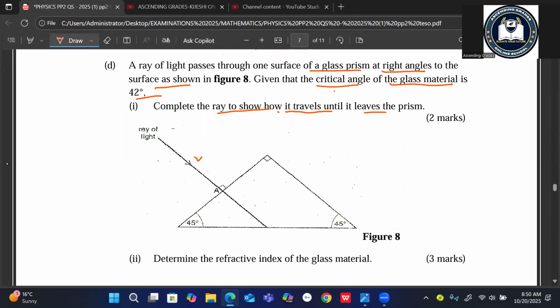We tackled question 11, where we said the condition necessary for total internal reflection: the incident angle must be greater than the critical angle. So let's look at whether reflection will occur or it will be refraction. It is incident at this side at 90, so this one is 45.